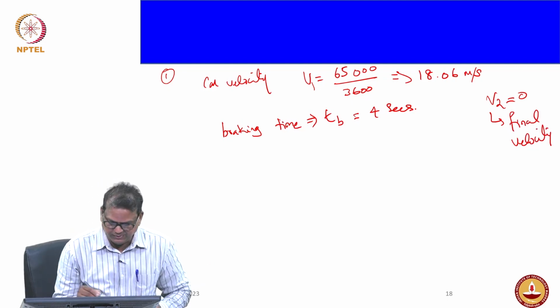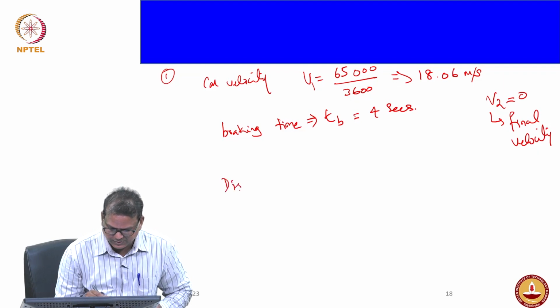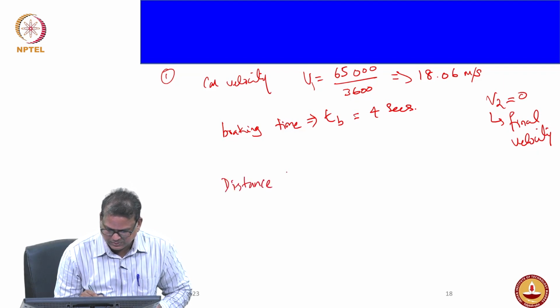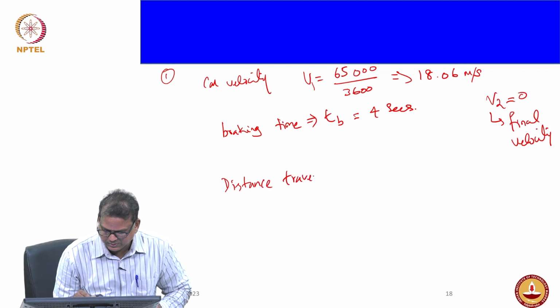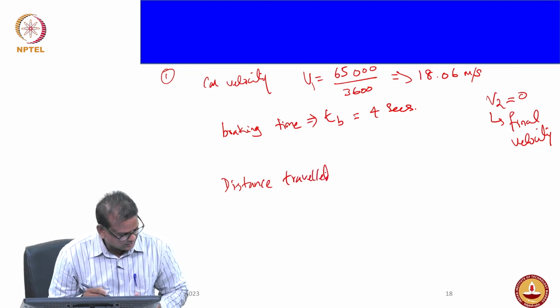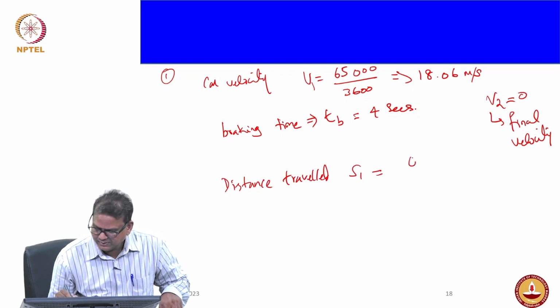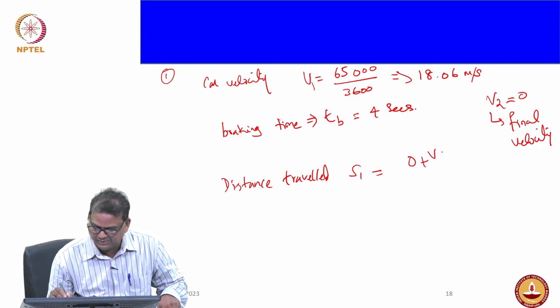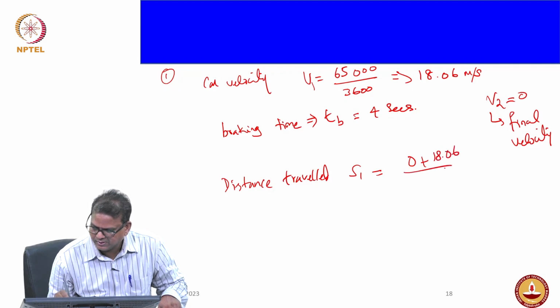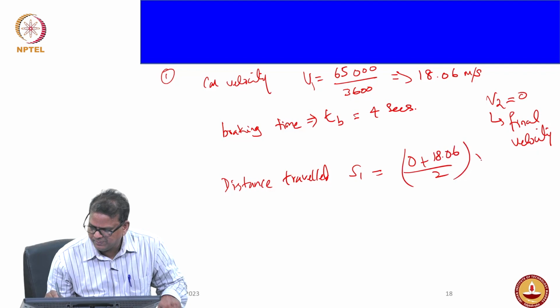So distance traveled, S1. We have to take the average velocity: 0 velocity and then 18.06, divided by 2, into your braking time.